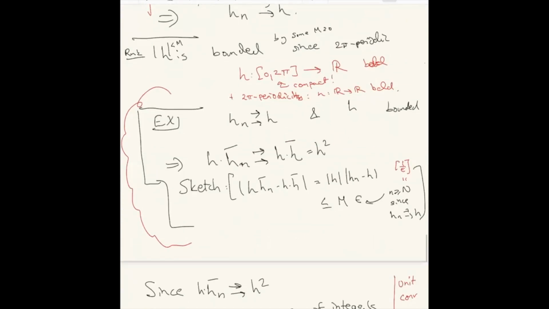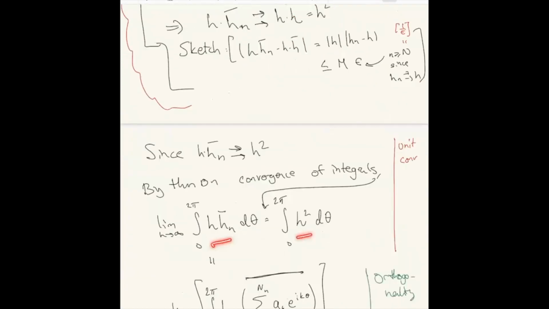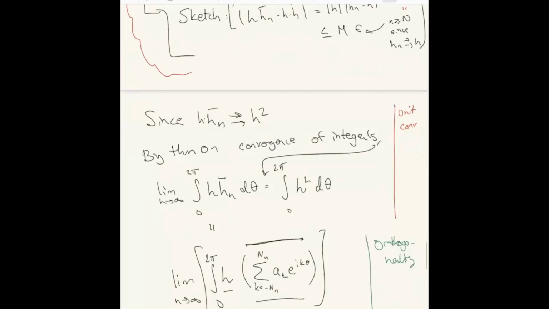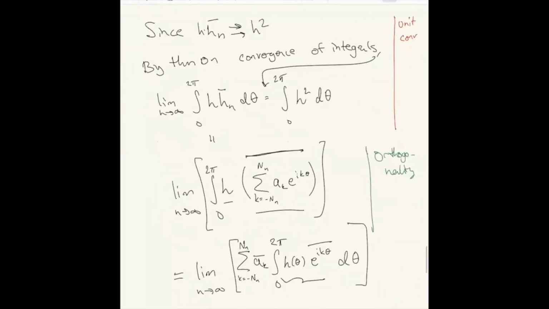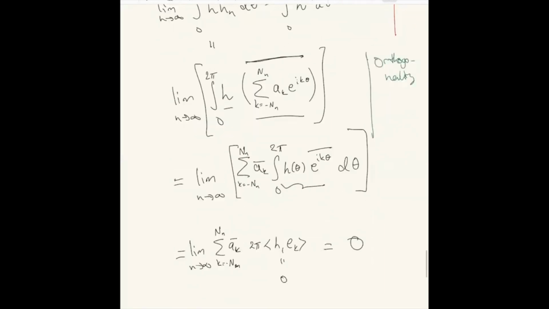Then a small argument gives you that h times hn converges uniformly to h squared. And these two sides can be computed in two different ways. One leads, when you take the limit inside, to h squared, which we want to say is 0. When you take it on the outside and expand everything, you get inner products with basis elements, which are 0. This is actually a very important argument.